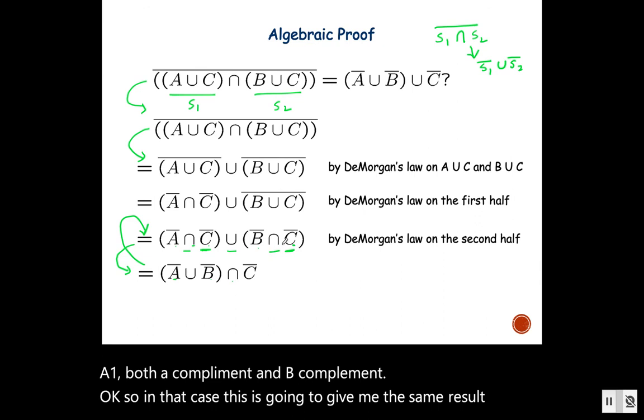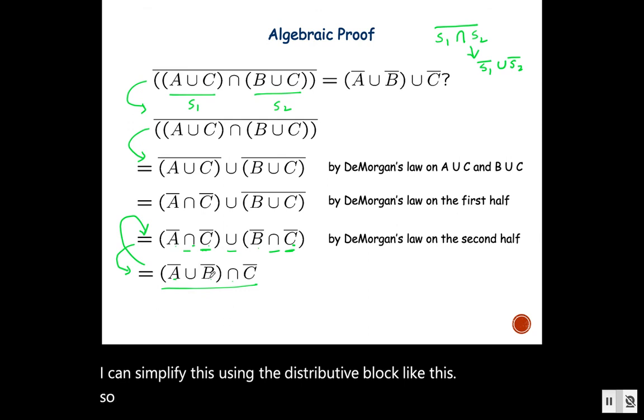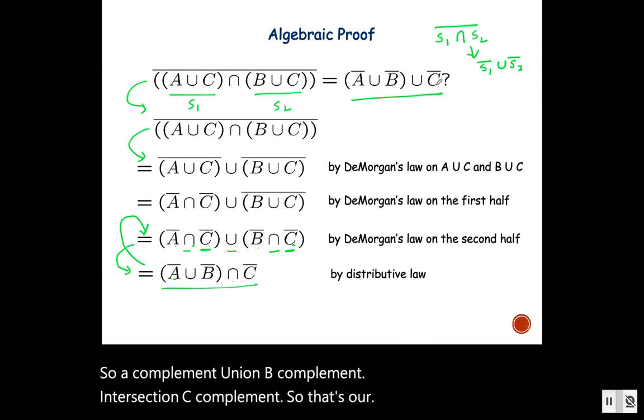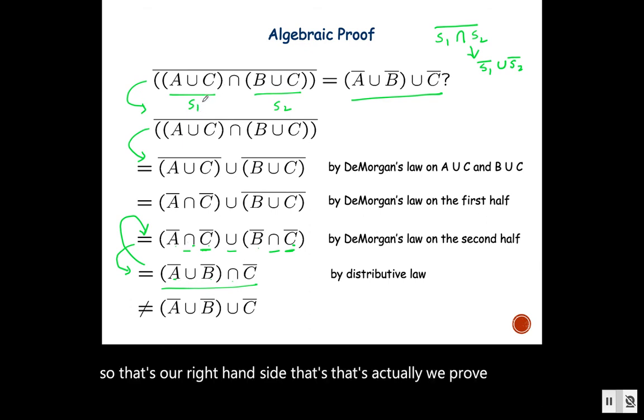So I can simplify this using the distributive law like this: a complement union b complement, intersection c complement. So that's our right hand side, which is what we had to prove from the beginning.